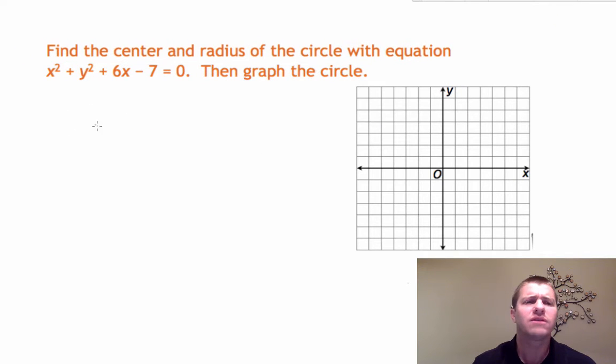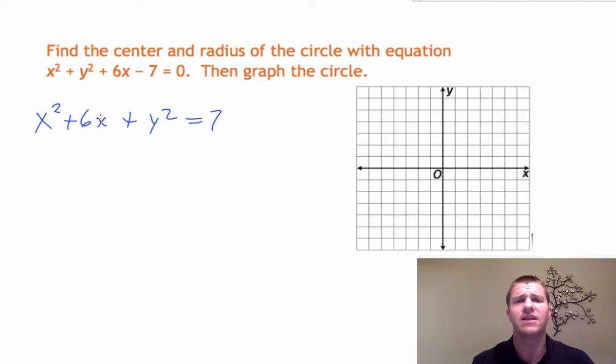Okay, well this one starts to get a little bit tougher because I'm going to have to put it into that standard form of the circle, and this has an x squared and x, so if I gather those two together, x squared plus 6x, get my y's together, well there's just a y squared, and I'm going to move the constant to the other side, so I add 7 and I have it like that.